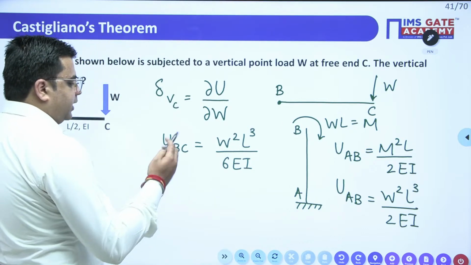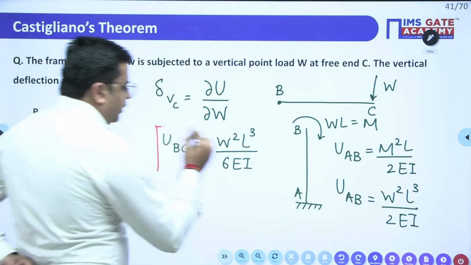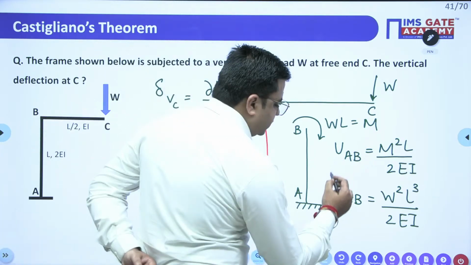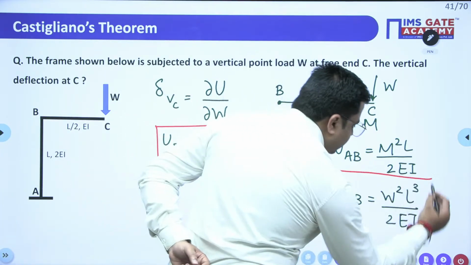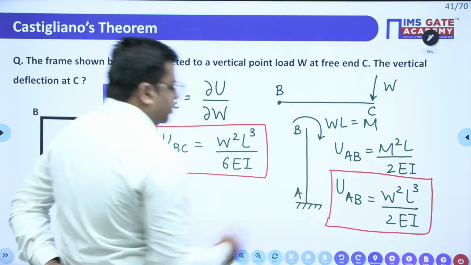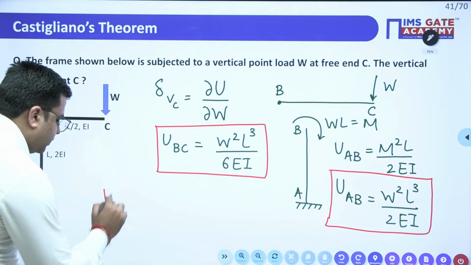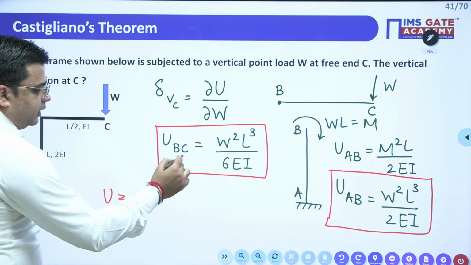You have the strain energy for the member BC and for the member AB. Just add these two strain energies to get the total strain energy of the system. So the total strain energy is UAB plus UBC.